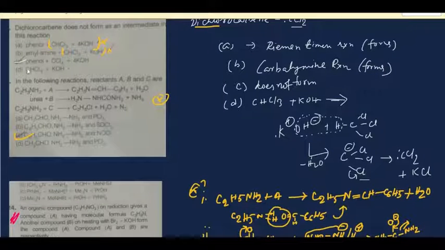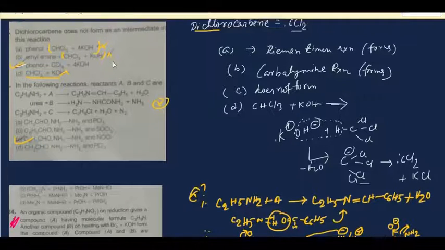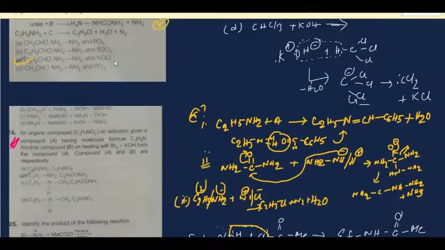Last one: here also the main ingredients for the formation of carbene are present, and I have written the mechanism here: the H and the OH of KOH react, removed as water, and this bond breaks and forms KCl and this dichlorocarbene, right? So this one also is not possible, so the only answer will be this one. These all are single correct options.